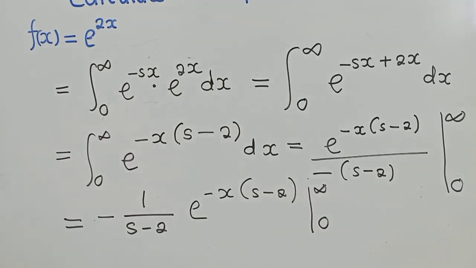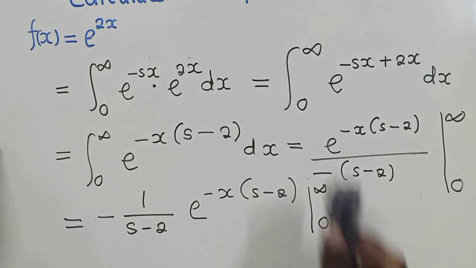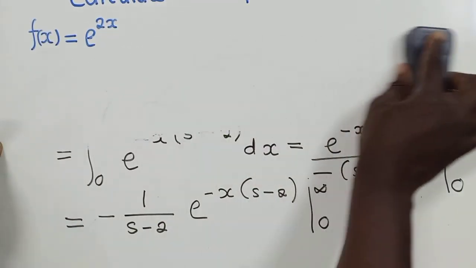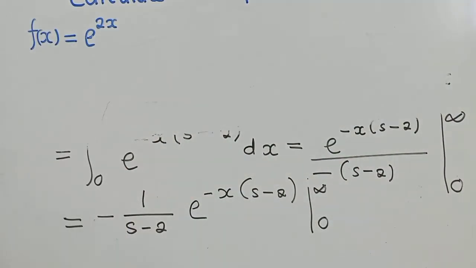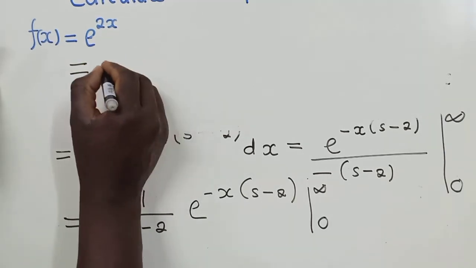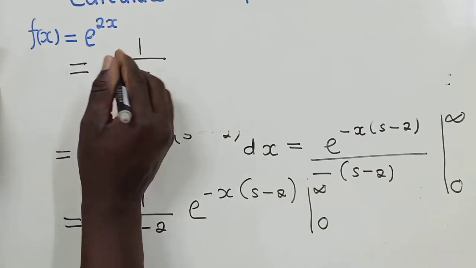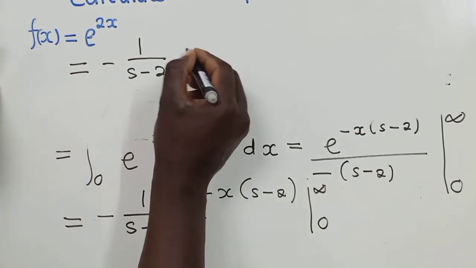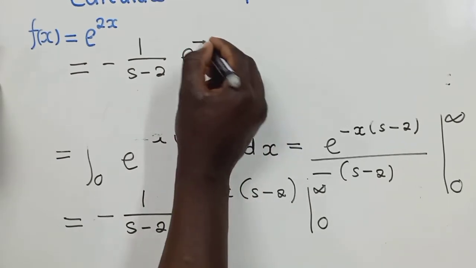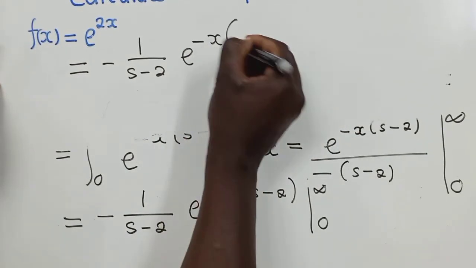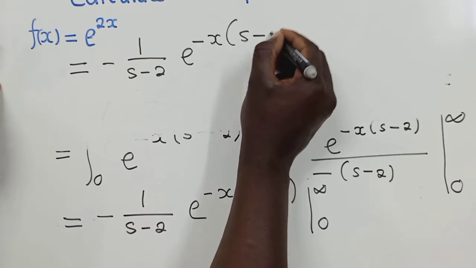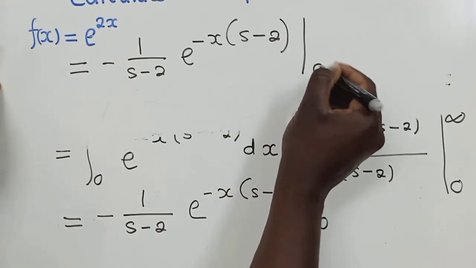So now, our duty is to apply the limits. Let me put it somewhere here so that you can see what is going on. So we have negative 1 over s minus 2 multiplied by e to the power negative x times s minus 2 right here.